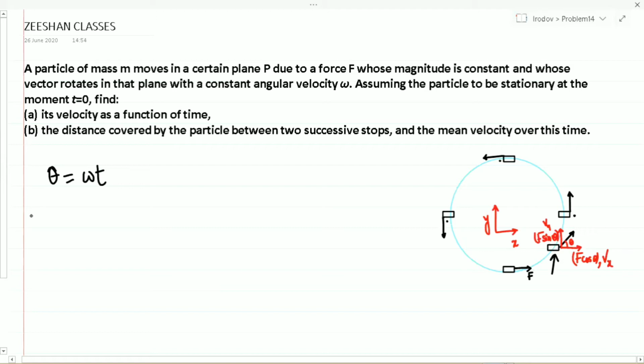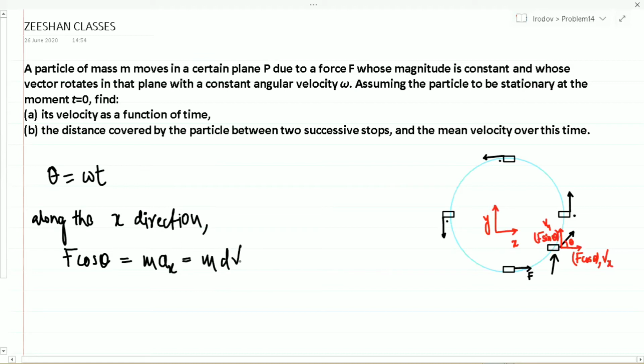We will write the equations of motion of this particle along the x direction. So we have the force in the x direction, F cos theta, equal to m times the acceleration in the x direction, which can also be written as dvx divided by dt.